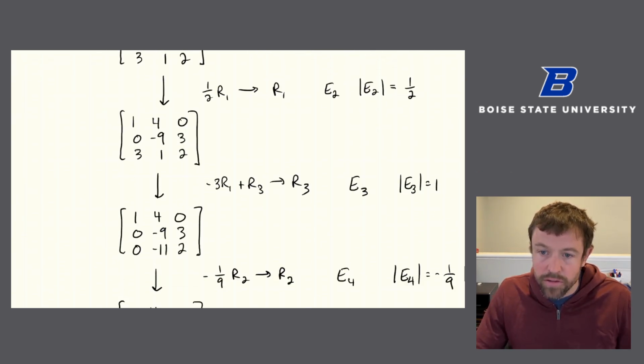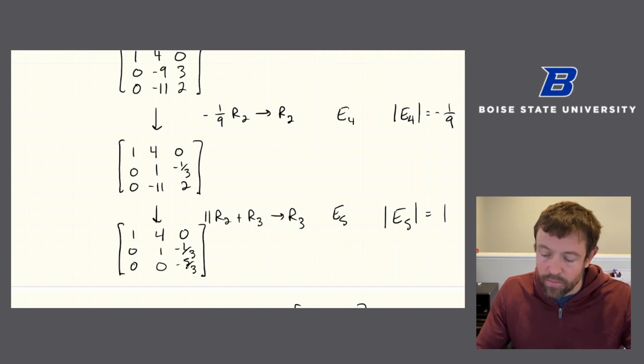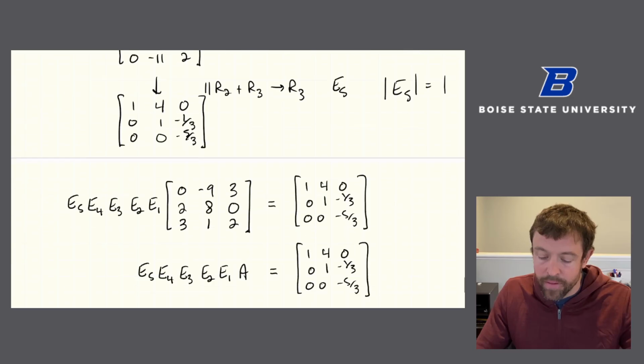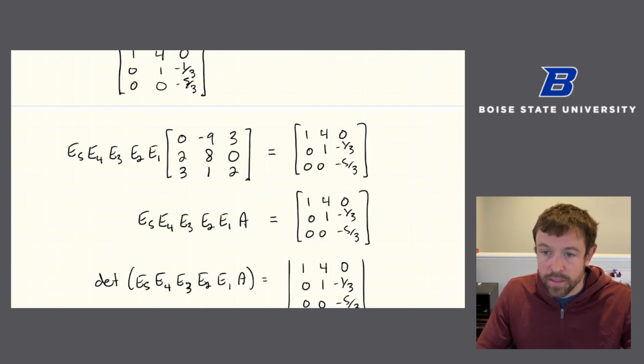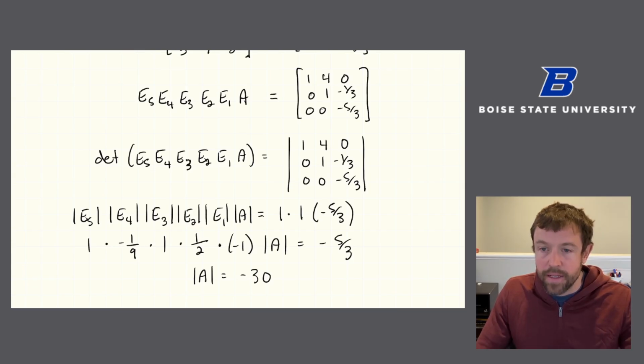We row reduced till we got to echelon form, because then we know the determinant. We went back and asked, what are our elementary matrices? What are their determinants? We wrote those all out. We wrote this as a product. We applied the determinant, and then we did some calculations.